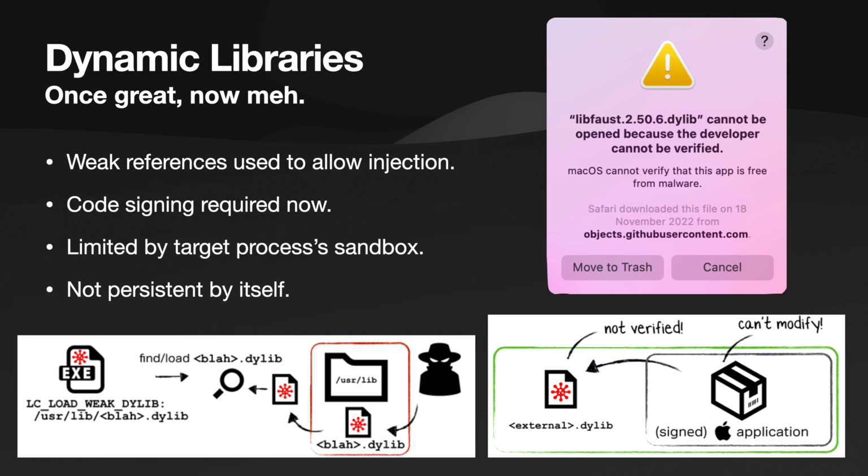This was known as a weak reference, but they don't work anymore. dylibs are now required to be code signed, and weak references are no longer supported. Patrick Wardle also wrote an app called DHS, which can search your system for weak references. If you run it, even on a modern Mac running Ventura, you will find there are still weak references, especially if you've got third-party apps installed. Whether or not they're exploitable, however, is left to be said.